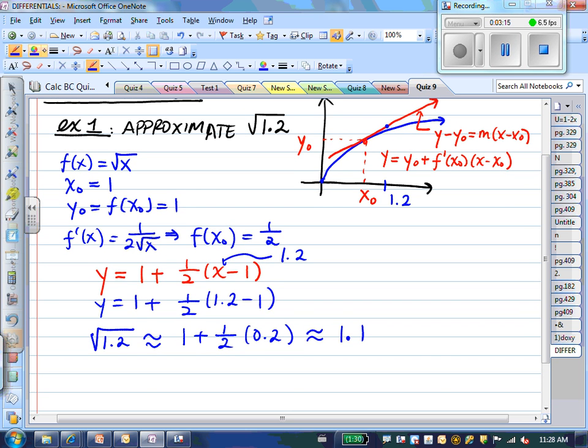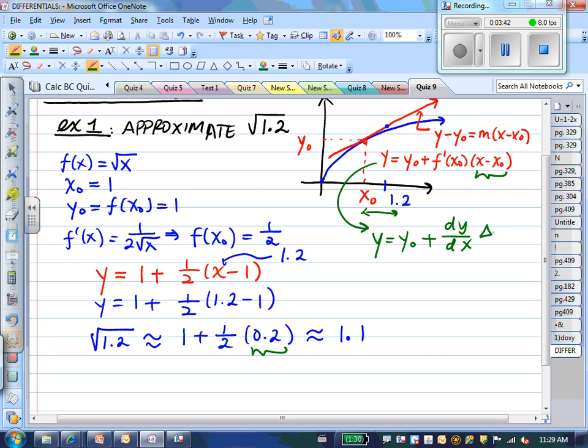Okay, the reason I did it this way is because I want to point something out. Another way to view this is that y is equal to y sub 0, plus, another way to write the slope, dy/dx, times this right here, which is what we calculated, 0.2. So in other words, it's the gap between x sub 0 and 1.2, in that case 1 and 1.2.